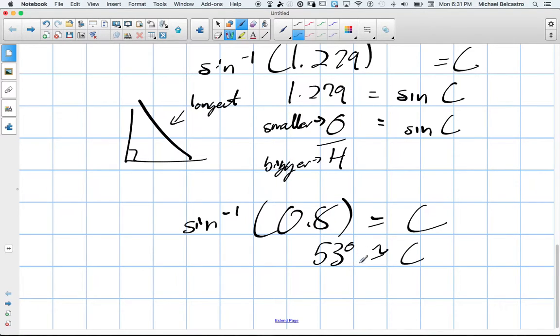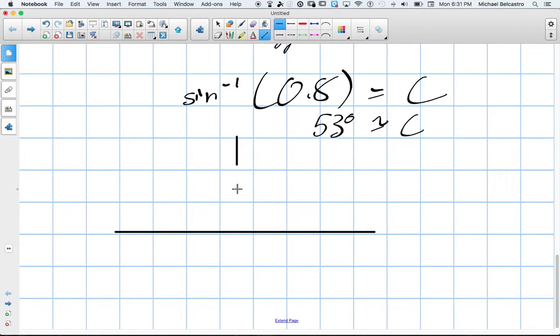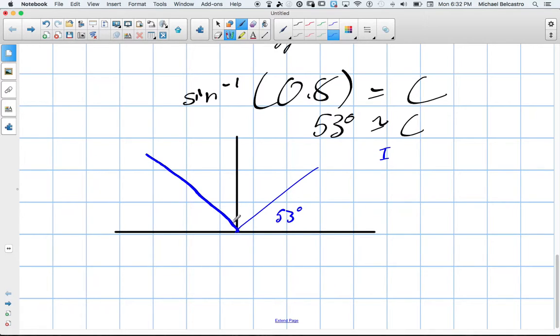Well, what that means in terms of calculating the ambiguous case is we need to find 2 angles, from quadrant 1 and from quadrant 2. So in quadrant 1, we already know the angle to be 53 degrees. In quadrant 2, it's 53 degrees away from 180, so it's actually this obtuse angle here.